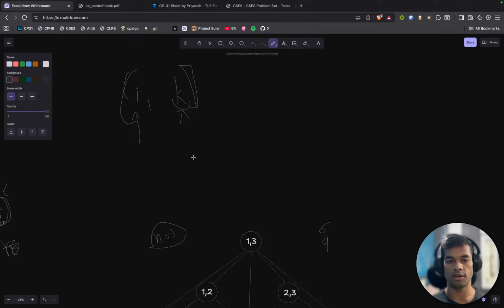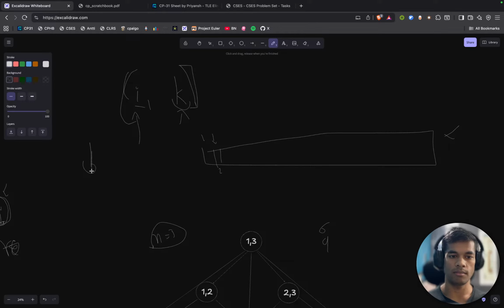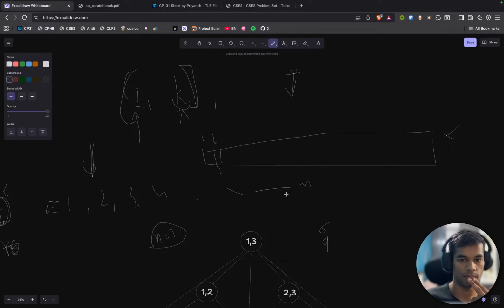For k, let's say we have n things, let's say k is at 2. Since we also have j on the other side, which is also changing, for I equals 1, j could range from 2 to 3 to 4 to 5 till n, and at every point we will be trying to find the answer for I k.